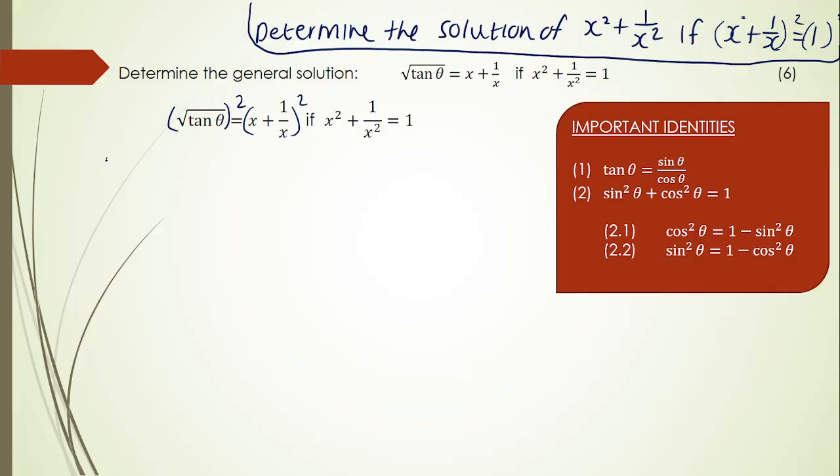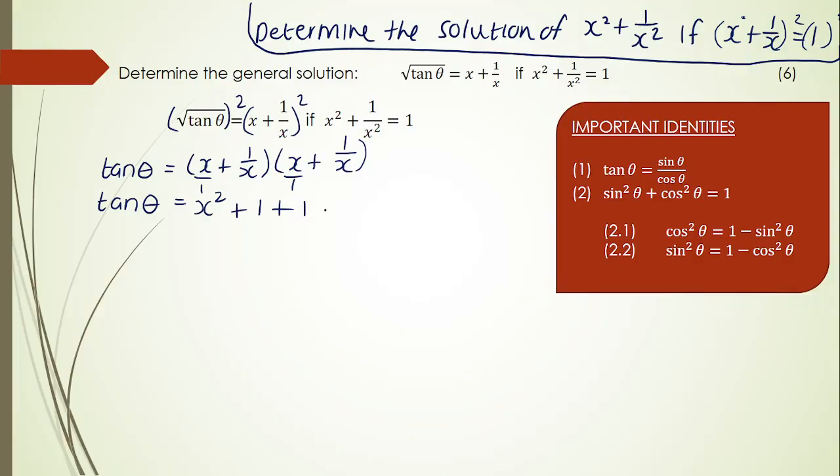And this becomes tan theta. We'd have to double this bracket, and that's where they catch you out, because a lot of you are just going to let that square in, and then it's classified as a breakdown. Remember, these are over 1, so when we FOIL, this becomes x over x, which is just 1, another x over x, which is just 1, and then a 1 over x squared.